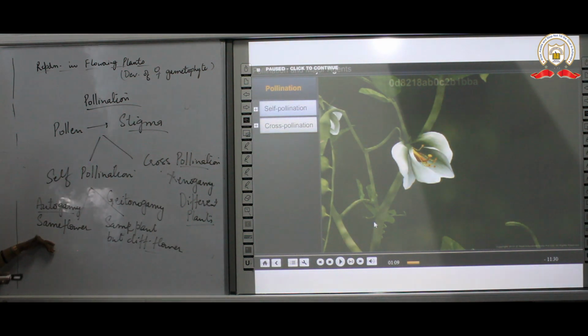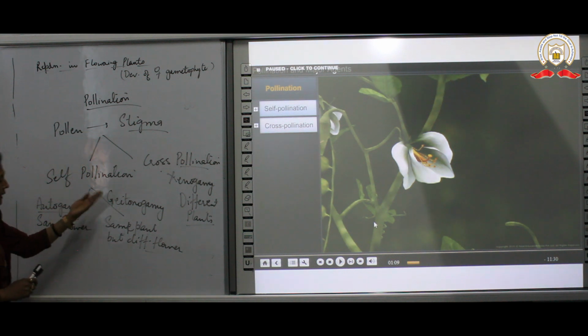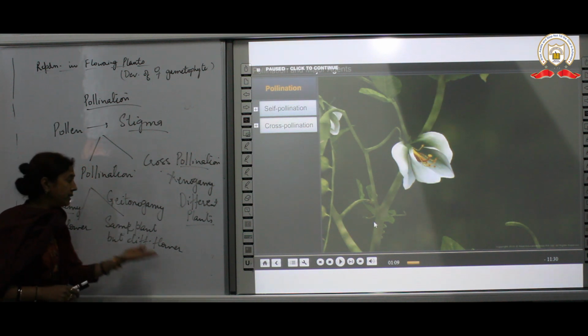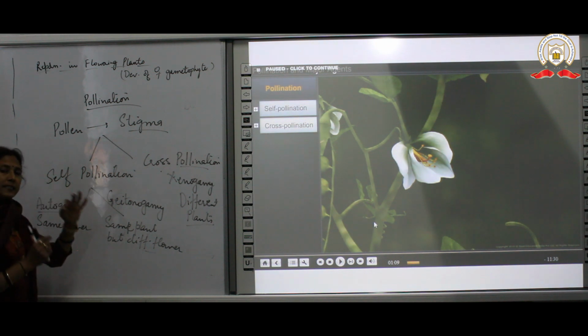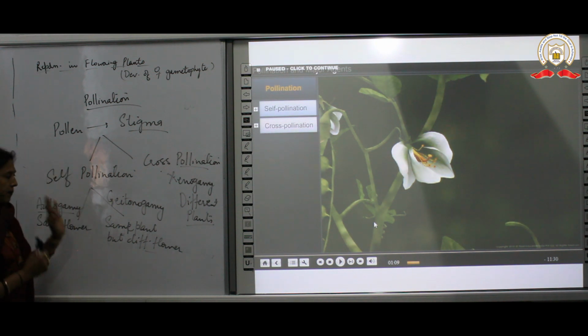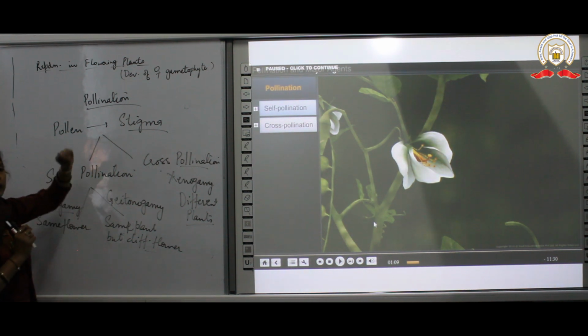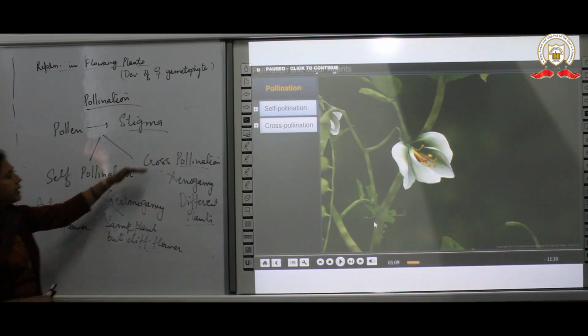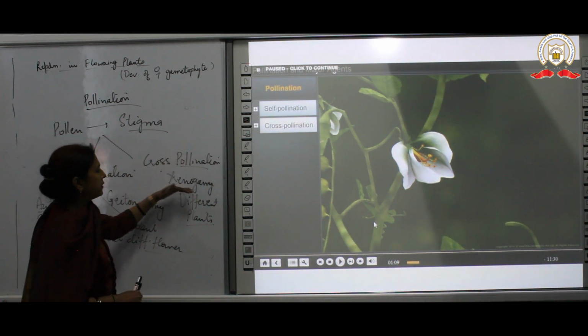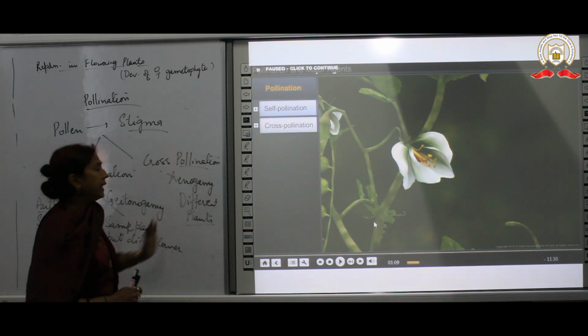Autogamy, depending upon the type of plant, has the same flower with male and female parts. Geitonogamy, same plant but different flowers. Geitonogamy can be seen in plants where pistillate and staminate flowers are present, that is, male and female flowers are present on the same plant but at different positions. These may also need a pollinating agent. And in case of cross-pollination, definitely there is a need for a pollinating agent.